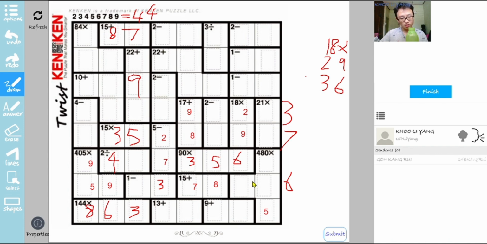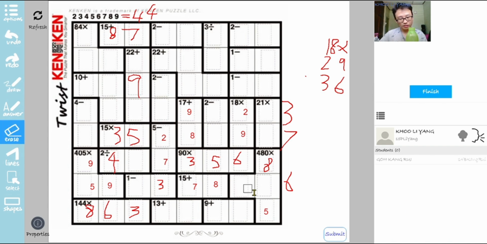Okay, so let's see if we put 2 here. 480 divided by 5 is 96, and 96 divided by 6 is 16. So if we put 2 here, 8 will be here. This is possible.